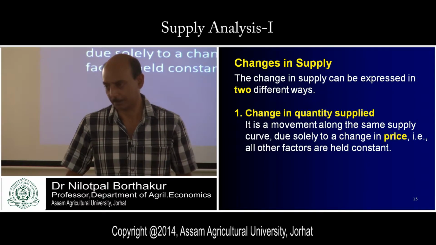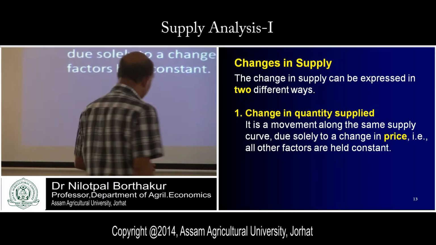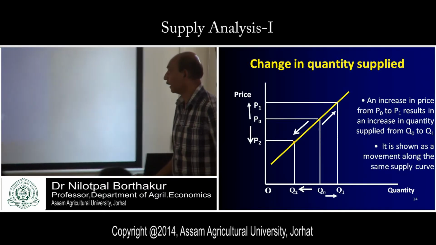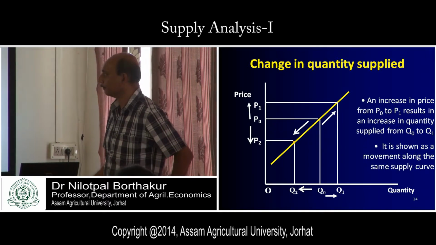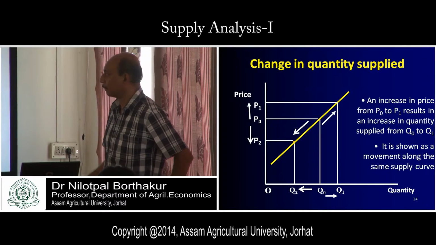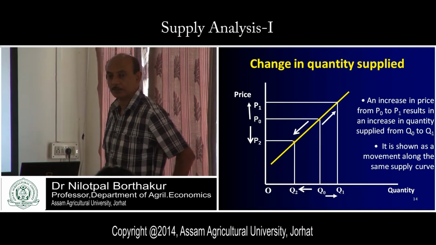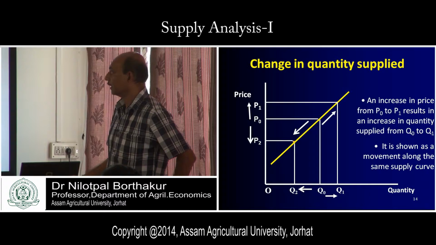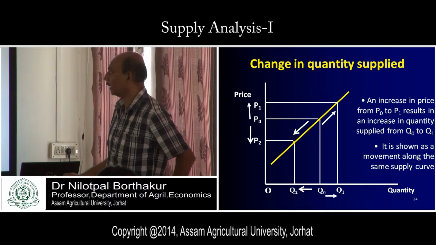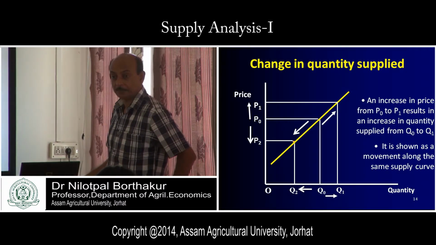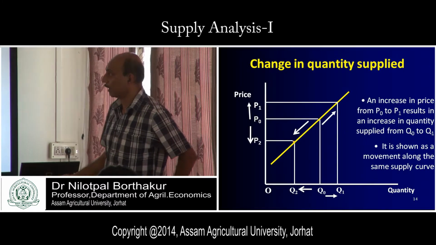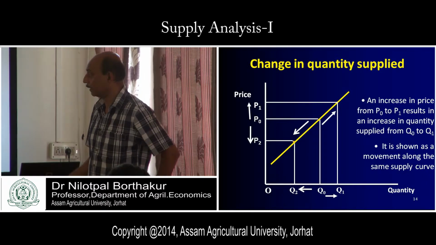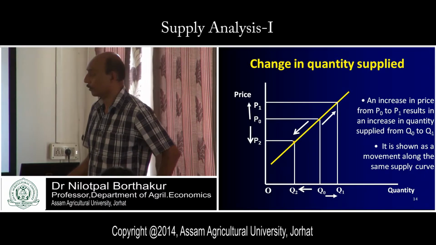All other factors are considered constant. And this can be graphically represented as follows. This is the supply curve, and at P0 quantity supplied was Q0, and when price goes up, quantity supplied increases. There is an upward movement along the supply curve, and when price comes down from P0 to P2, the quantity supplied decreases from Q0 to Q2.